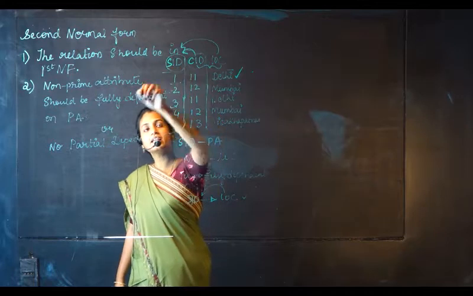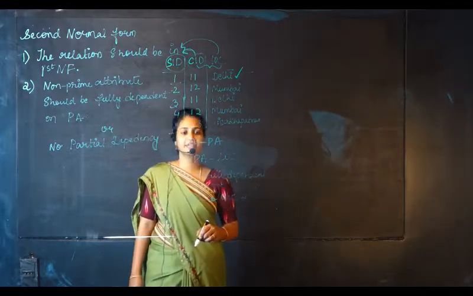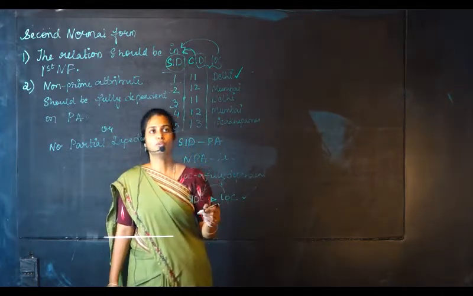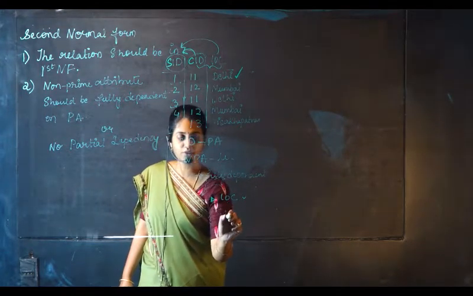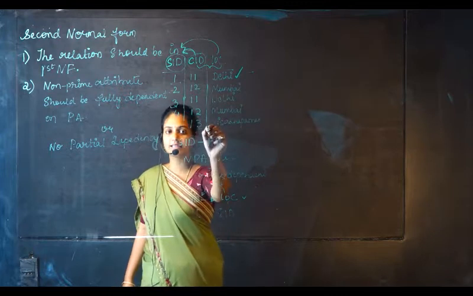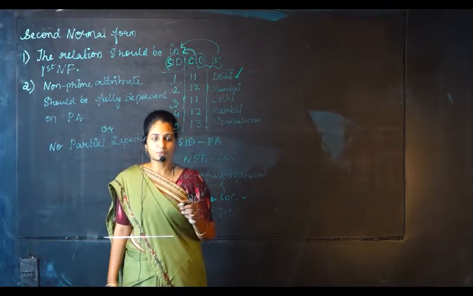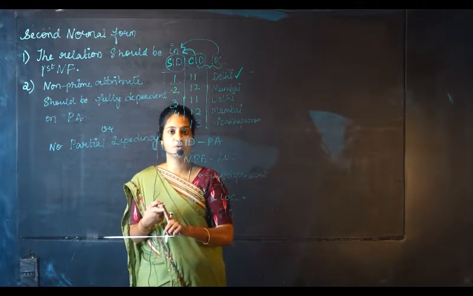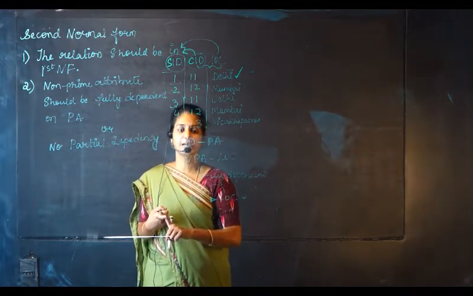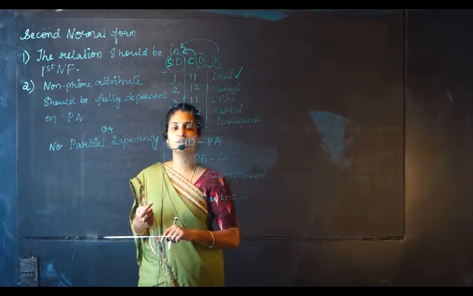Is the course ID dependent on the student ID? No. Course ID is not dependent on student ID in this example. So this course ID is again a prime attribute. Now what do you need to do here?